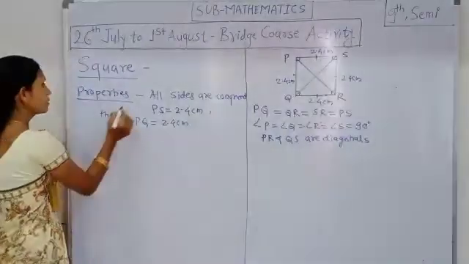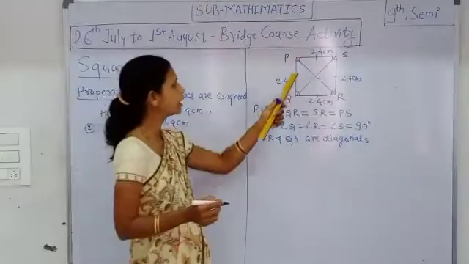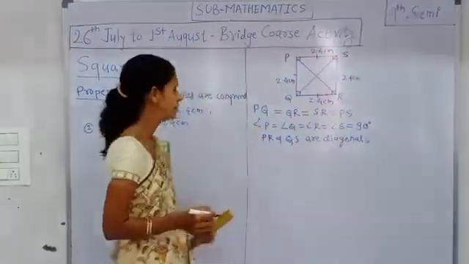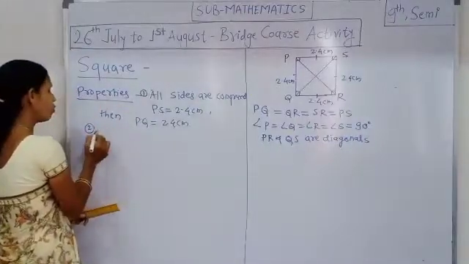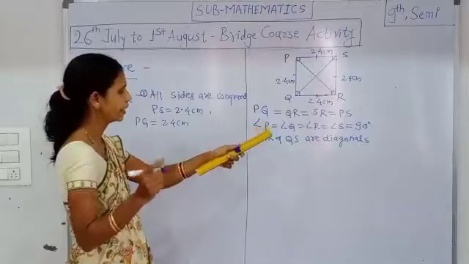The second property is that all angles are congruent as well as 90 degrees. That means all four angles are 90 degrees.